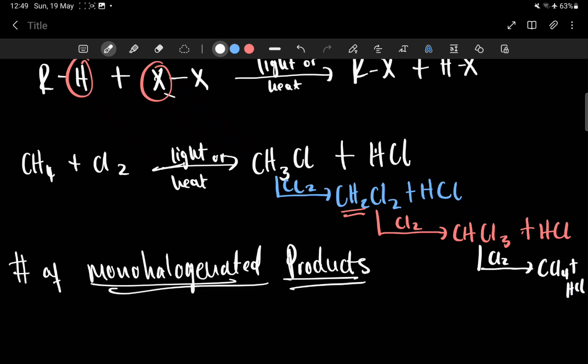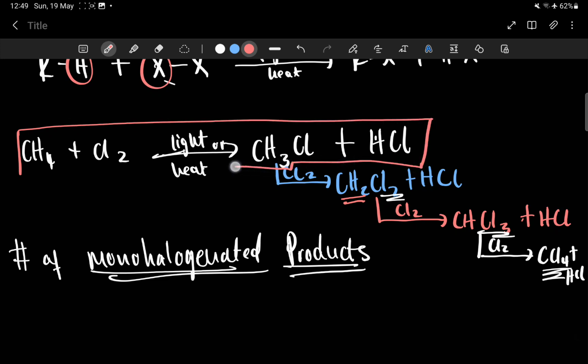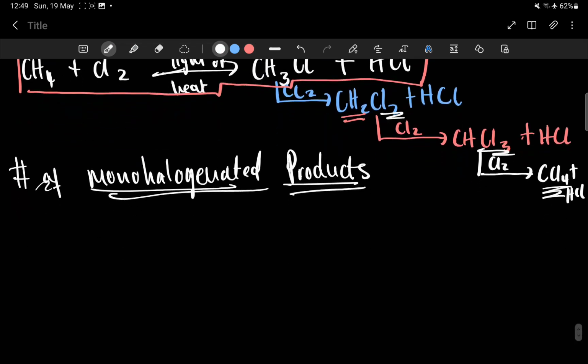This is what we call polyhalogenated, meaning there are many halogens: four, three, two. But when there is only one, like the very first reaction with 1 mole of each, that's monohalogenated, only one halogen, and then we can work out how many products we can get.